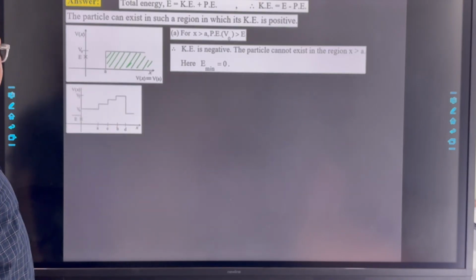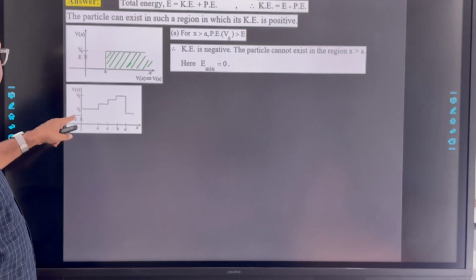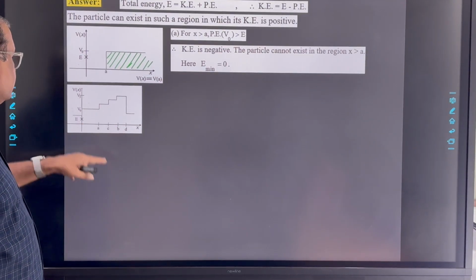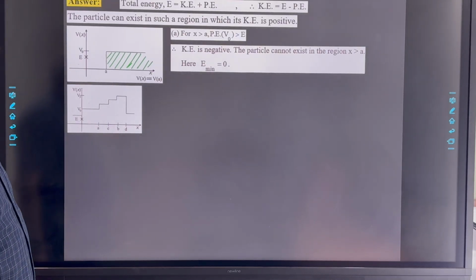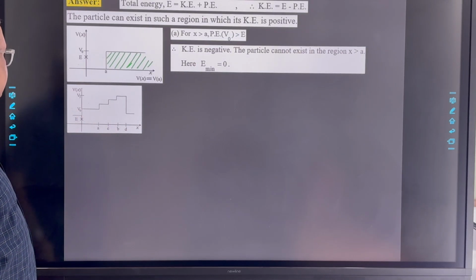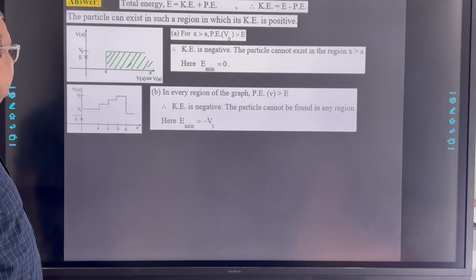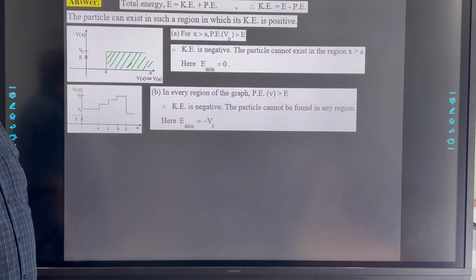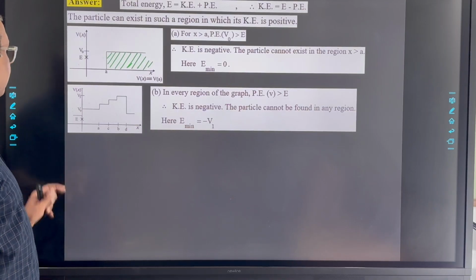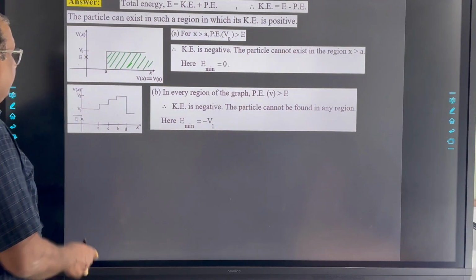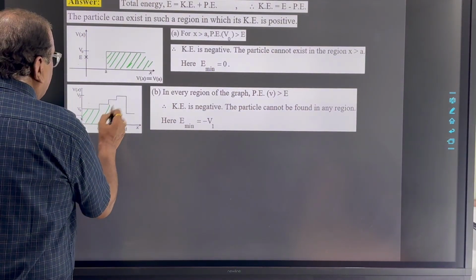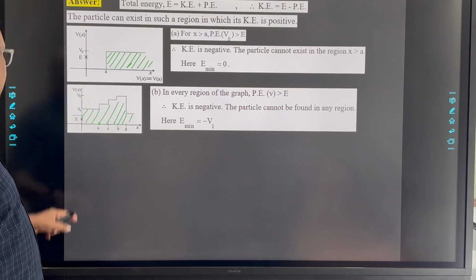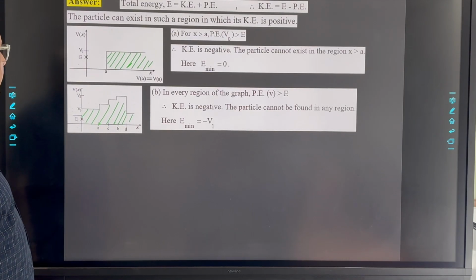Clear? Next one. Here, V0 starting from x equal to 0 onwards, in each region the potential energy is greater than the total energy. So kinetic energy is negative in all the regions. Clear? It implies that the particle cannot be found in any of these regions, right? And here E minimum is minus V1.